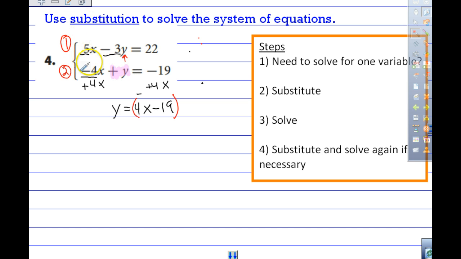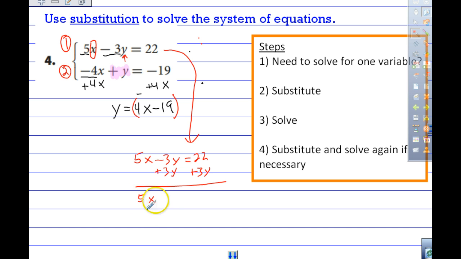Now, it wouldn't technically be wrong if you chose another variable, but let's just say I wanted to solve this one for x. Right? So if I wanted to solve that top equation for x, I'd first add 3y to both sides.